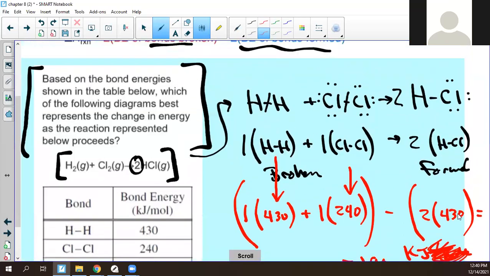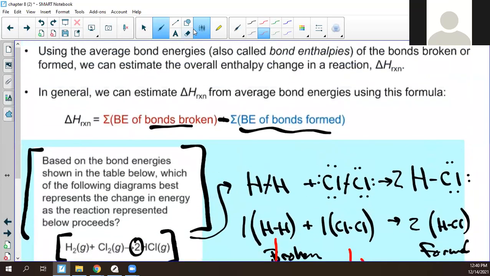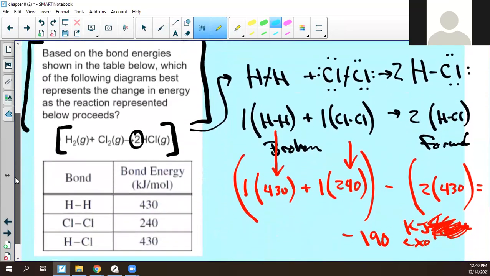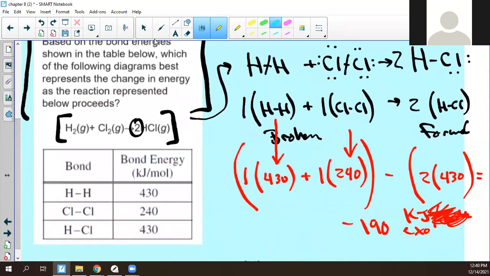Now let me explain this. This is from the AP video, and AP does not make mistakes, and I usually do. I know I'm right, and I know they're right. When you form a bond, that's an exothermic process. We're not going to do it this way because it's more confusing to me.